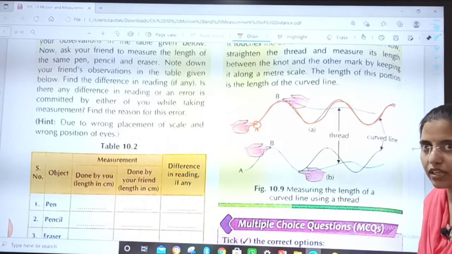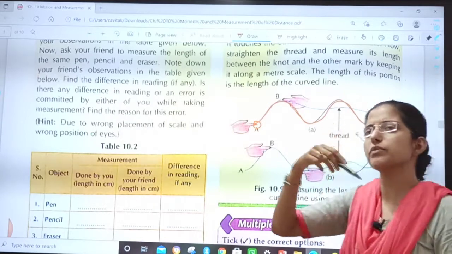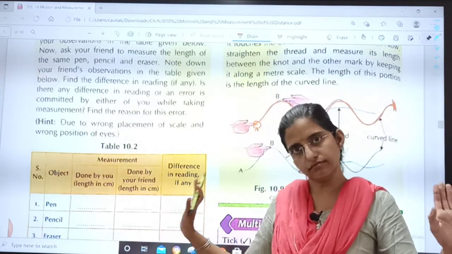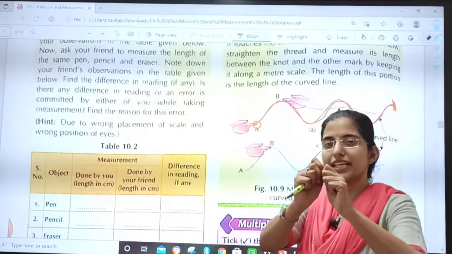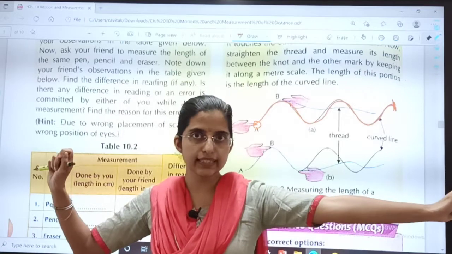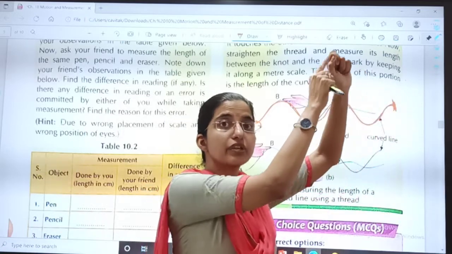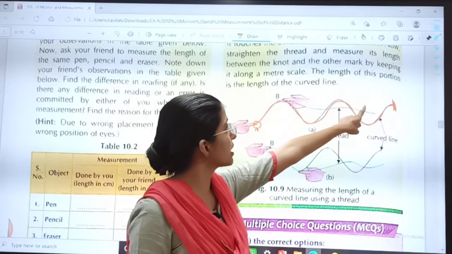Then the thread will end here. Mark the thread here, you can mark with a sketch pen. Done. Now we can elongate the thread, and after that you can measure the length between the knot and the mark here.